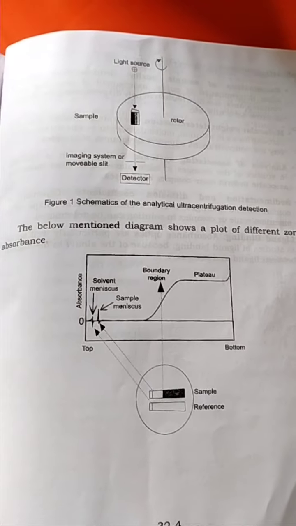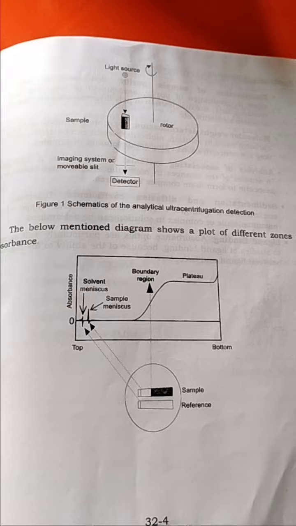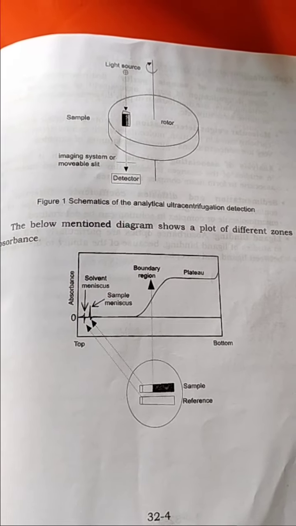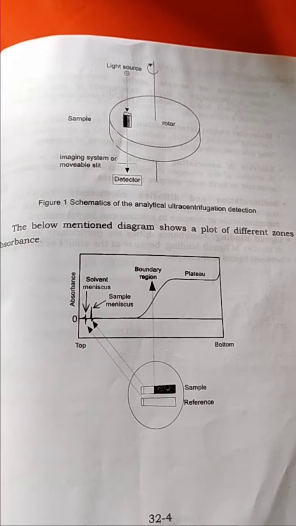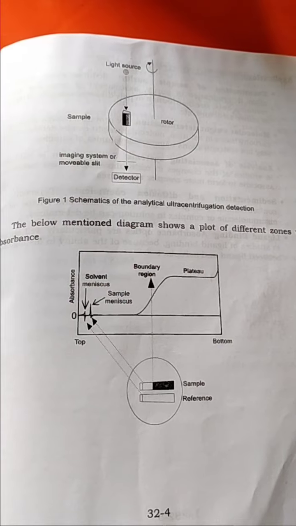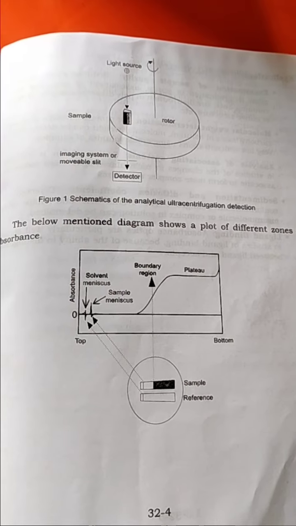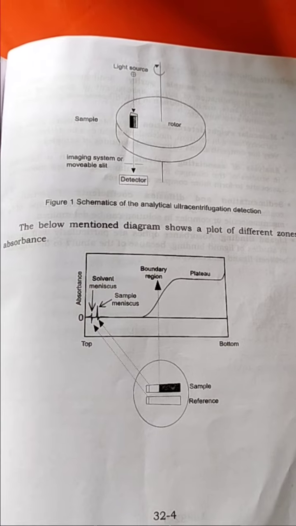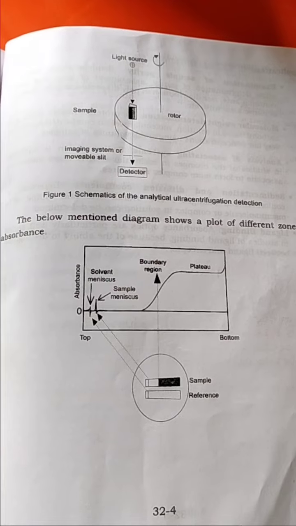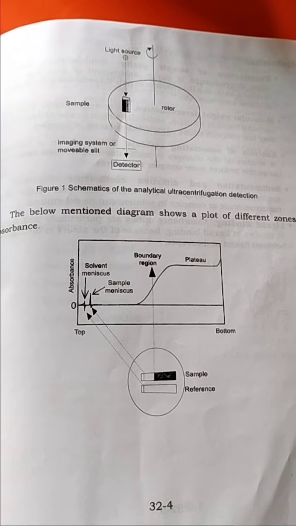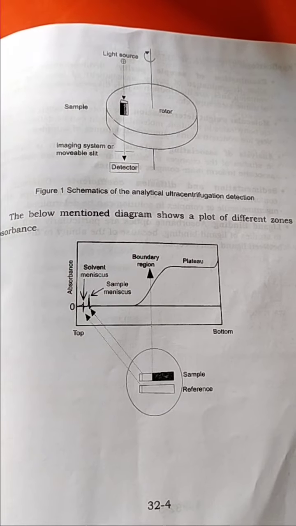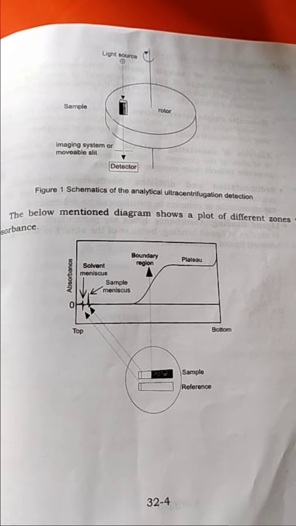The diagram below shows a plot of different zones of absorption, like solvent meniscus, sample meniscus, and boundary region, and we can observe the graph between sample and absorption. The sample absorption rises like a slope from low to high, then becomes stationary, and then reaches the peak.